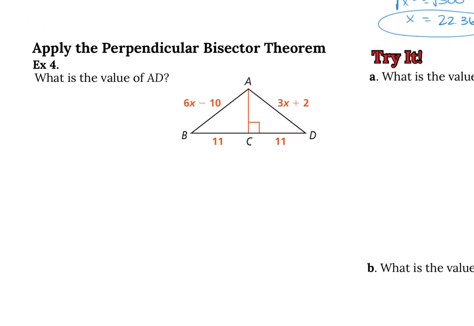All right, next apply the perpendicular bisector theorem. What is the value of AD? We know that these two sections are congruent, so I would set them equal to each other. So 6x minus 10 equals 3x plus 2. Move a variable over.